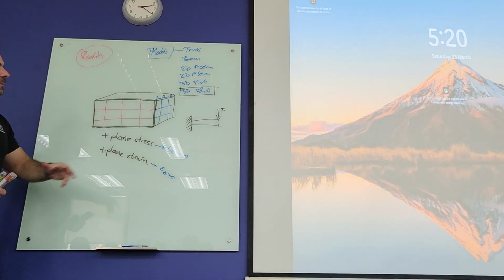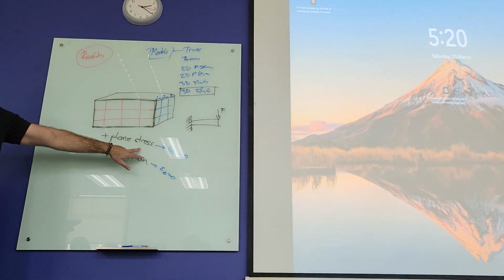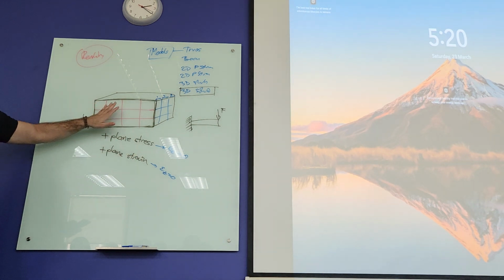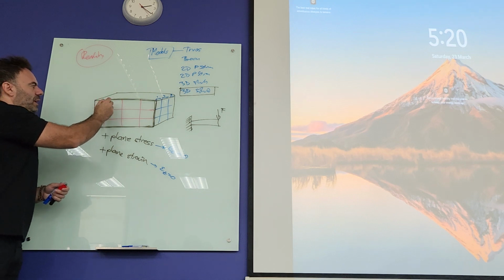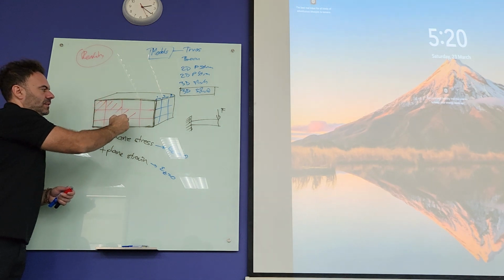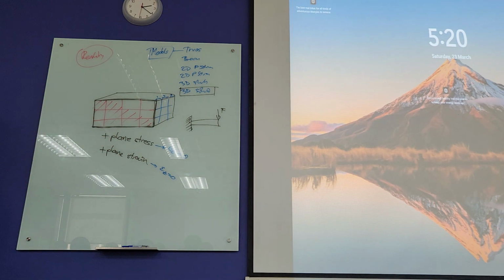Now, what makes a structure plane stress? As I said, if we got all stresses living in this plane, how do we assess that? We have to check whether all the loading is in plane, and also that the thickness we have is quite small relative to other dimensions.